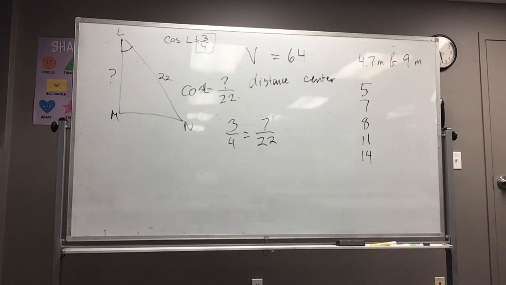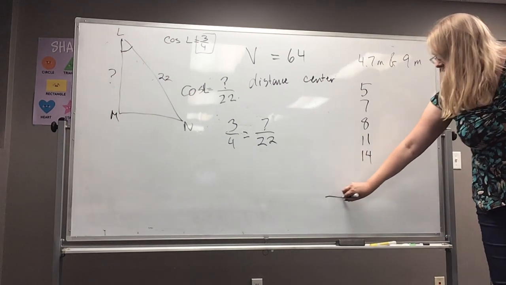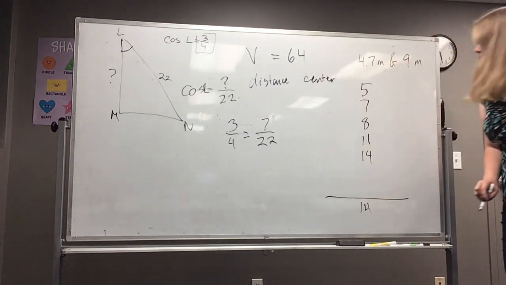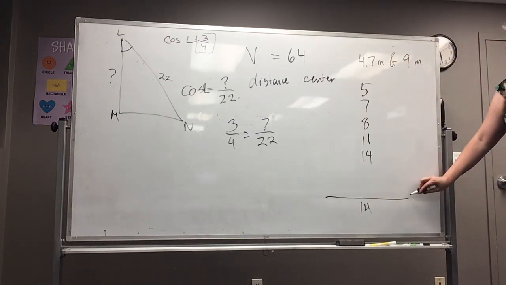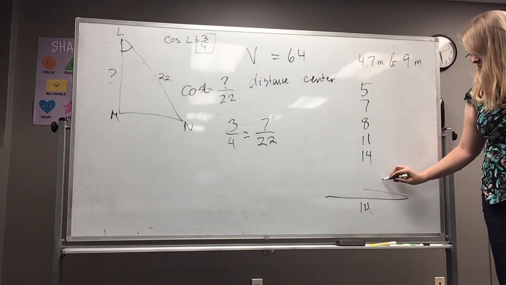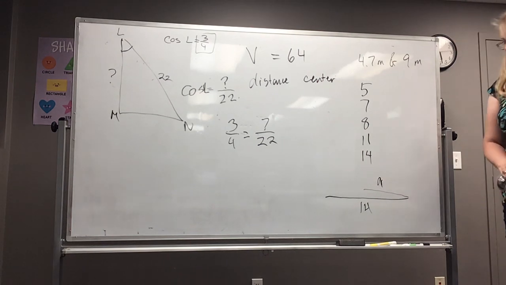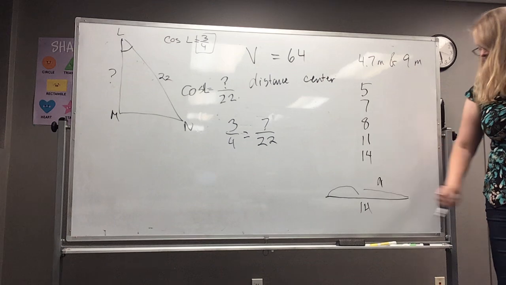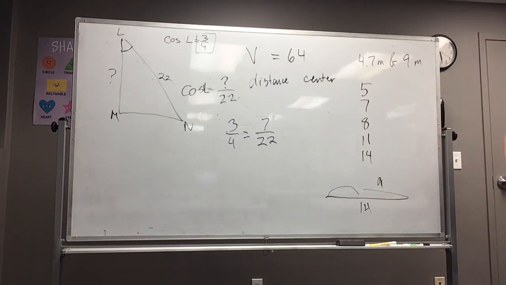If you don't know, take a really good guess, but if you're feeling confident, what have we got? 14. The reason why is if we imagine 14 as this long side, because it would be the longest side, if we reach from one side and go 9 units, there's going to be another 5 units left over.